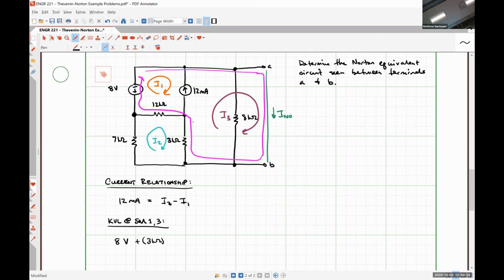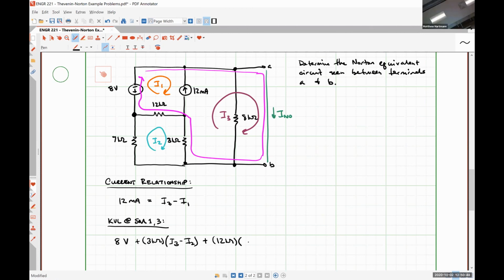What's the current flowing up through the 3 kilo ohm resistor? What's the total current flowing up through the 3 kilo ohm resistor would be a better question. I3 minus I2. I3 minus I2, thank you. And what's the next thing we see? The 12 kilo ohm resistor, alrighty.